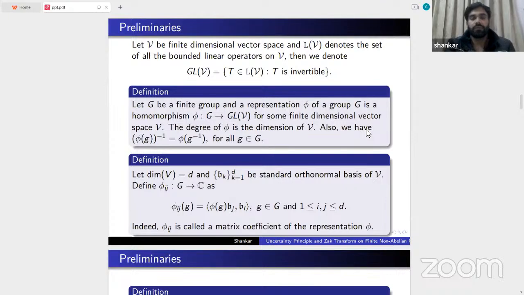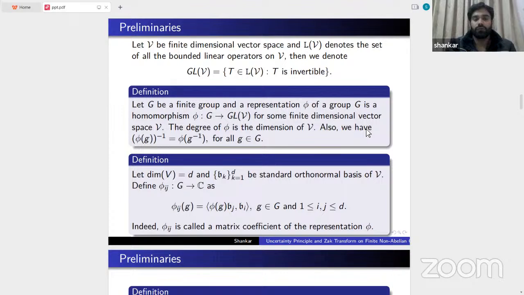Next, we have the general linear group over a vector space V. If we have a finite dimensional vector space V, then L(V) denotes the set of all bounded linear operators on V, and GL(V) is the set of all invertible operators.